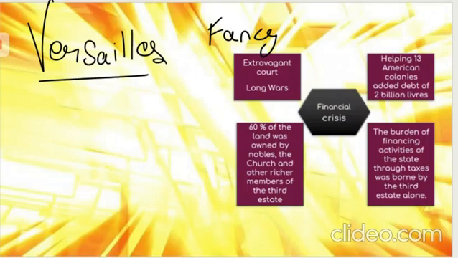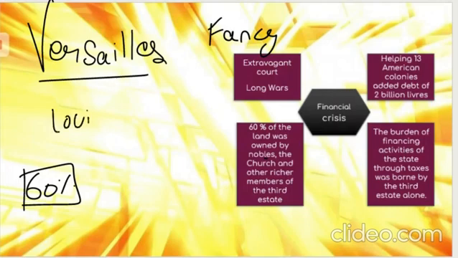60% of the land was owned by the nobles, the church, and the richer members of the third estate. And what did Louis XVI do? Louis XVI said, okay, now I am in a financial crisis.